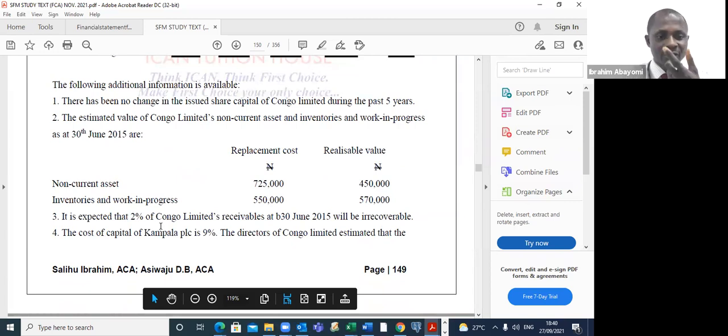It is expected that 2% of Congo Limited's receivables at 30 June 2015 will be irrecoverable. The cost of capital of Kampala PSC is 9%.